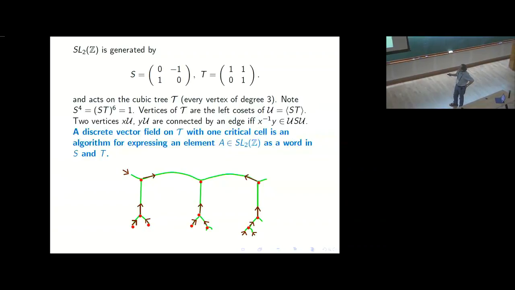The group acts on this tree, so really, no, it's not free. That's right. It's not a free action.